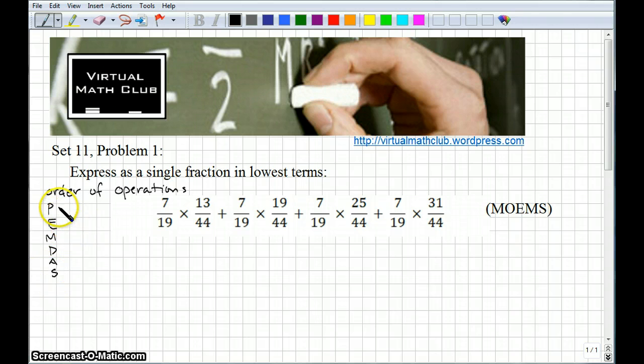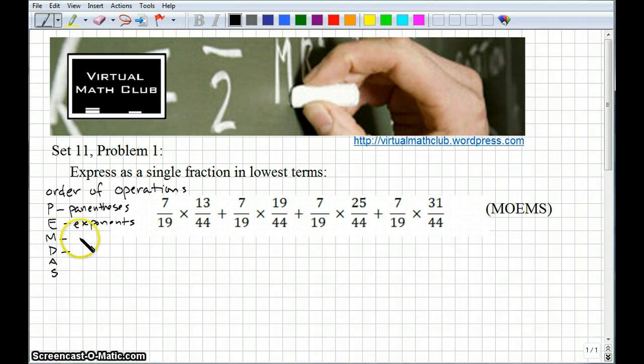PEMDAS means, this is for parentheses, E stands for exponents. Okay, and we don't have parentheses or exponents in this expression, so we don't have to worry about that.